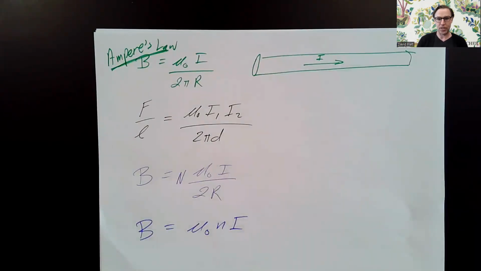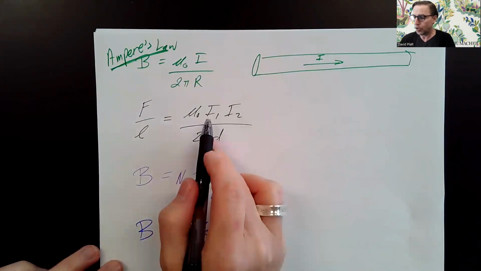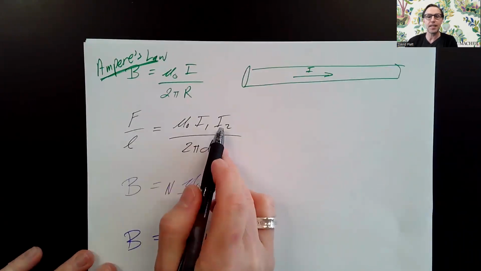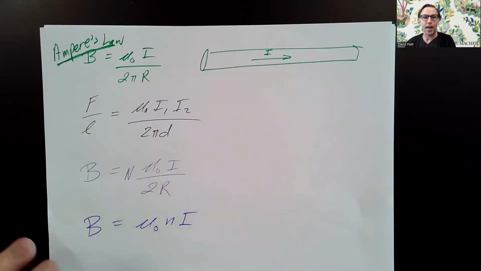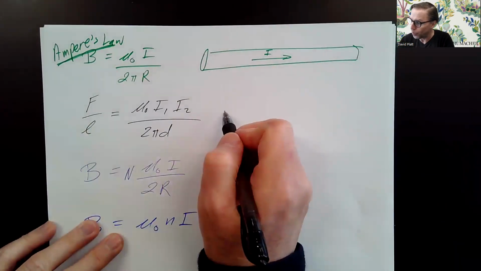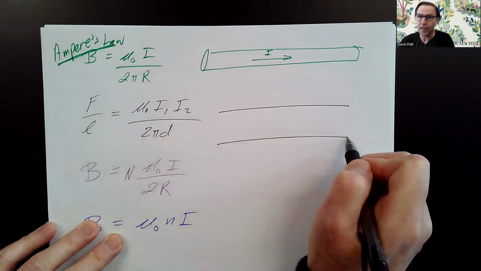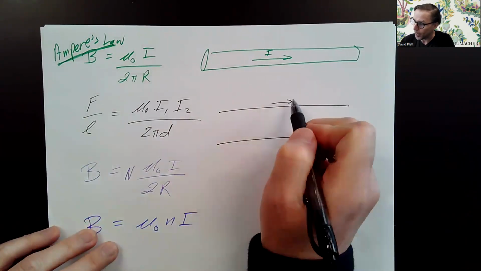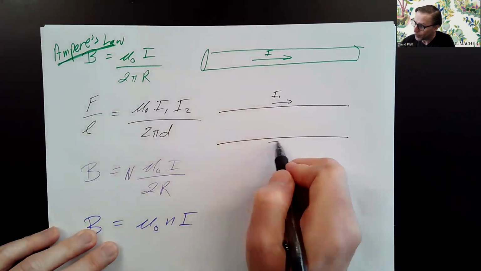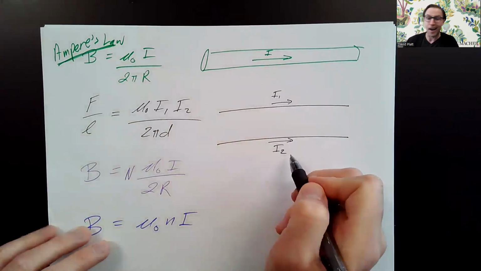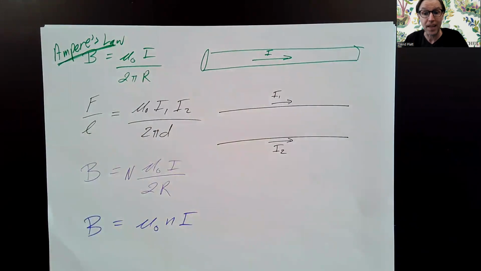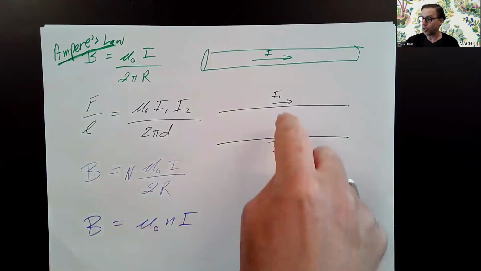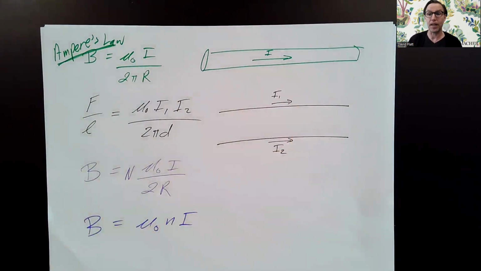This next equation has two currents, because the next equation is about what happens when I have two wires that are each carrying current. This one's carrying a current I1. This one's carrying a current I2. And it turns out that when I have two wires that are parallel and they're carrying current, they exert forces on each other.